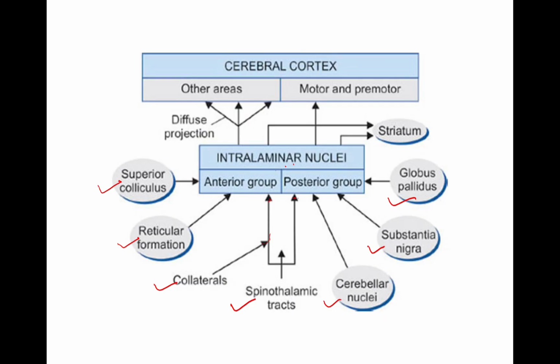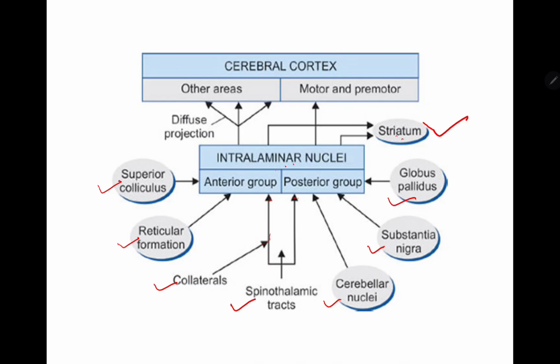They diffuse the projection basically. So in the cerebral cortex, both areas: motor, premotor and other areas. This wakes up large parts of the brain, so you become alert. Okay, this is the striatum. And what is the striatum here?